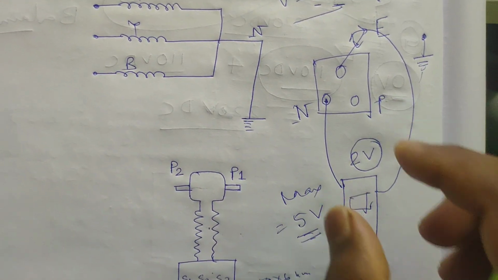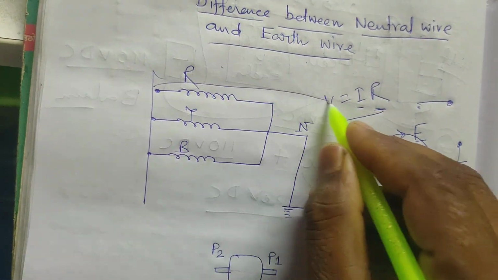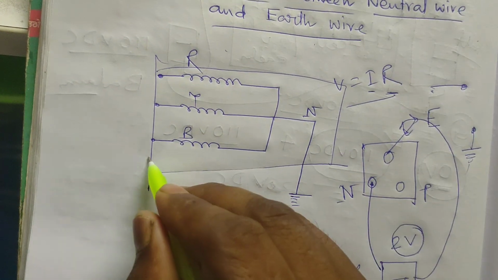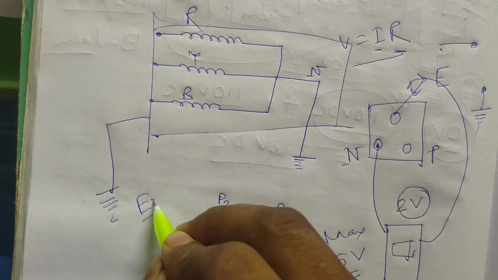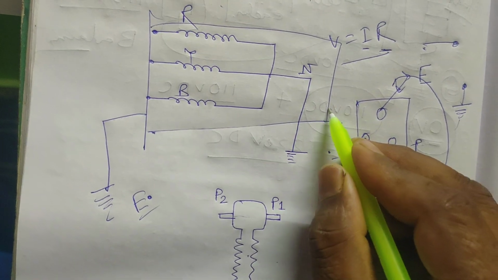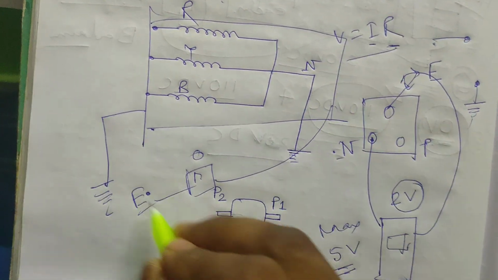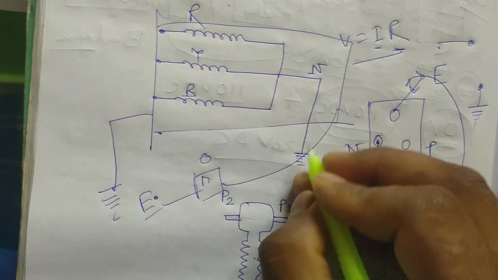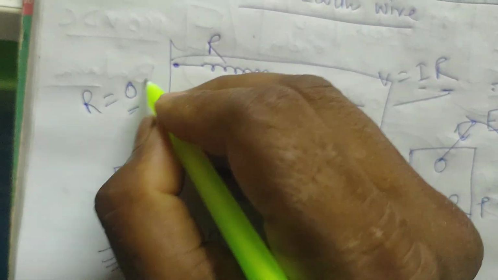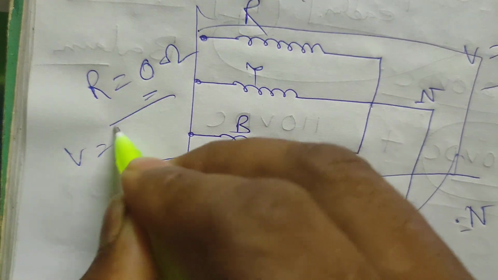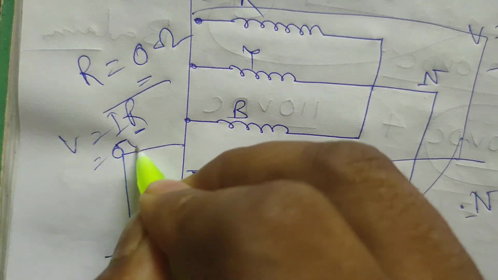But near the transformer, suppose this is the transformer and its body is earthed, and you measure the voltage between the neutral point and the earth point, you will get zero voltage, because the resistance between this earth point and this earth point is minimal, negligible, close to zero ohm. So if you put I into R, if some current is there, with R equal to 0, you will get a voltage of 0 here.